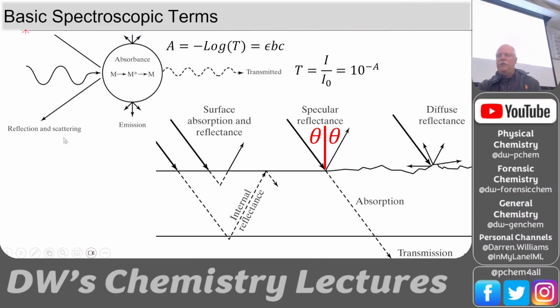Okay, let's look at spectroscopic terms and review some of that. Light's coming in, it hits the sample, we get transmittance. Let's do transmittance first because it's easy. Take the sample out and you get the source light, or reference.